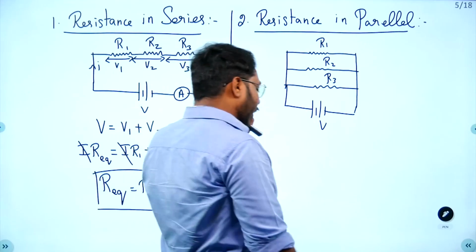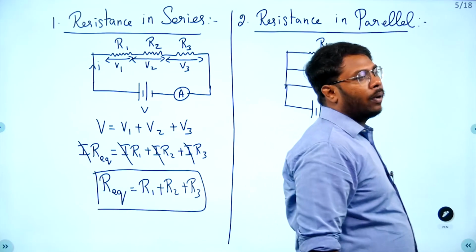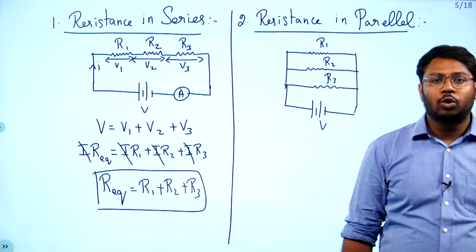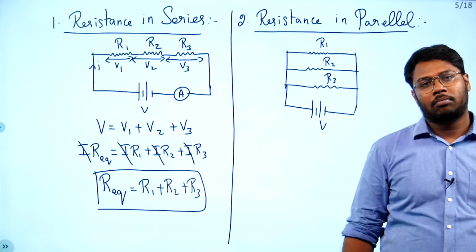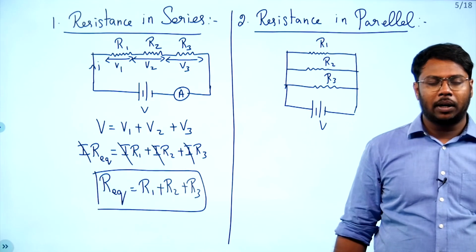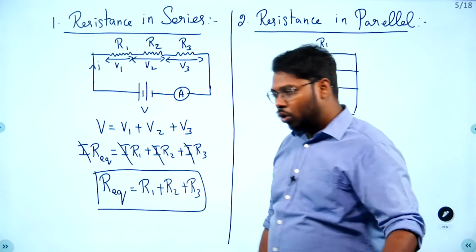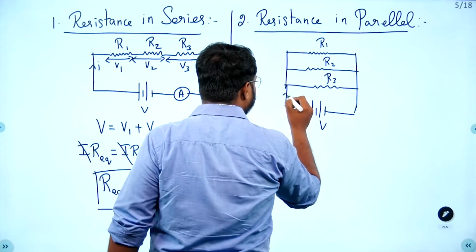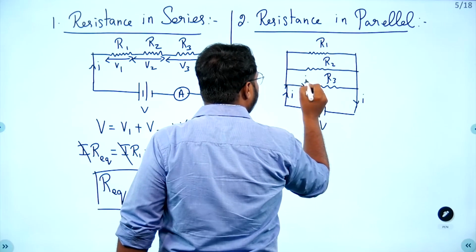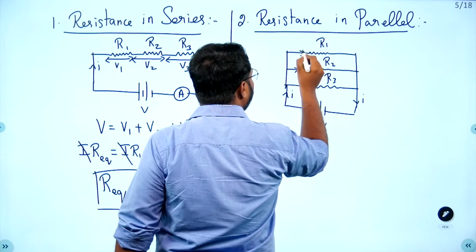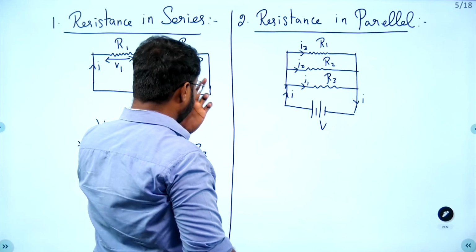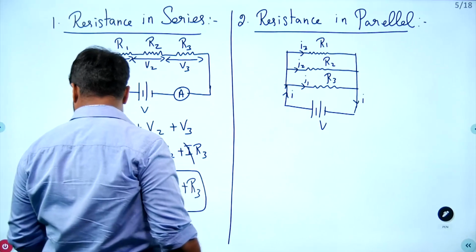See, if any electrical components are connected in parallel, the currents that are going to go through them will be different. Whereas the potential drop across these components will be same. So, keeping that in mind, this is I, this one will be I1, this will be I2 and this will be I3.